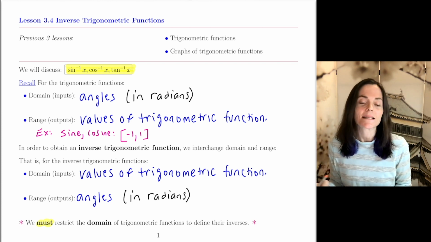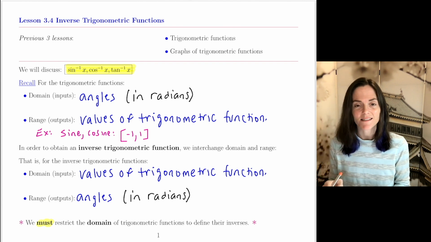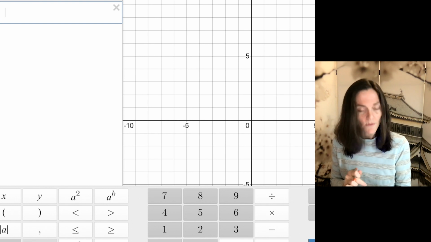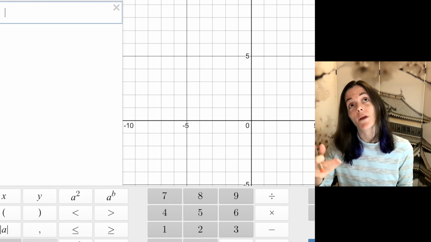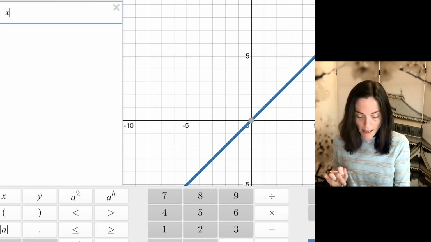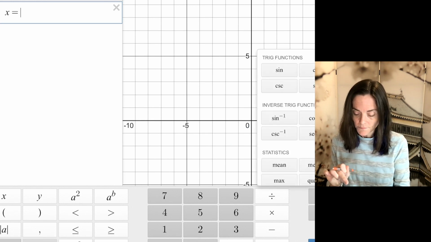And let me just mention this now with a picture so we can understand why we must do this. Here is Desmos, and what I'd like to do, we interchange domain and range. That means, say, if I wanted to talk about the cosine inverse, that would be saying x equals the cosine of y.